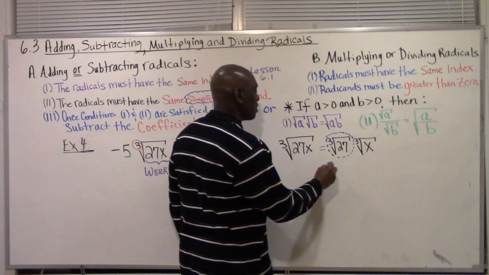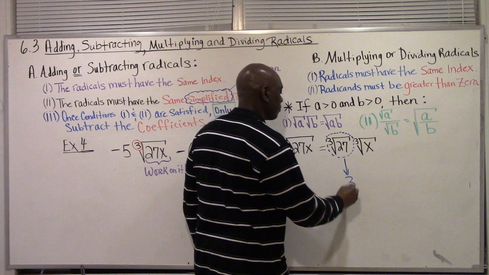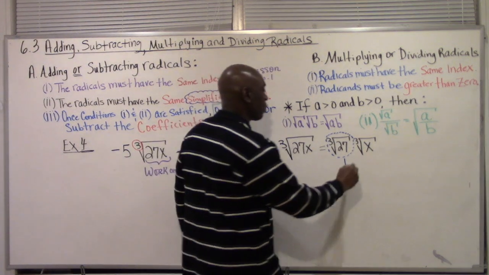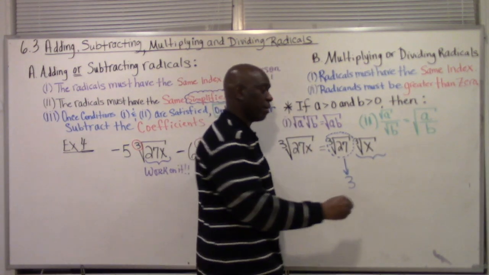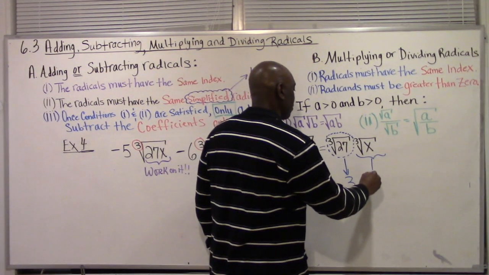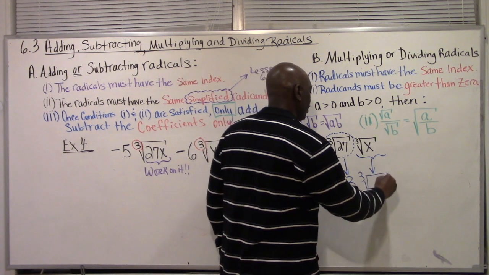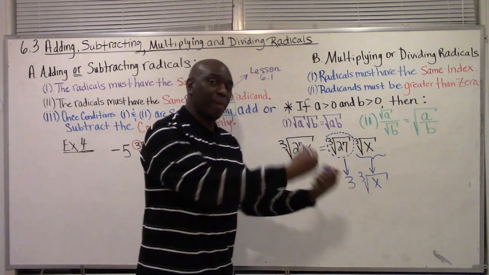So the cube root of 27 is 3. And this fella right here, do nothing to it, but bring it straight down. So that's going to be the cube root of x.